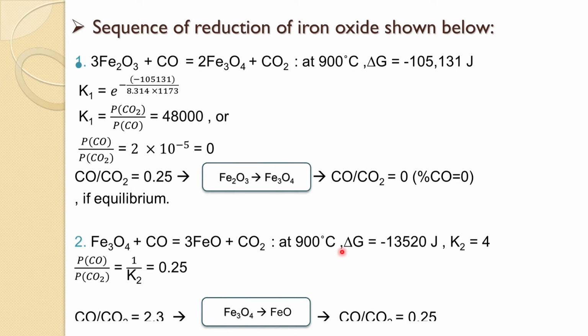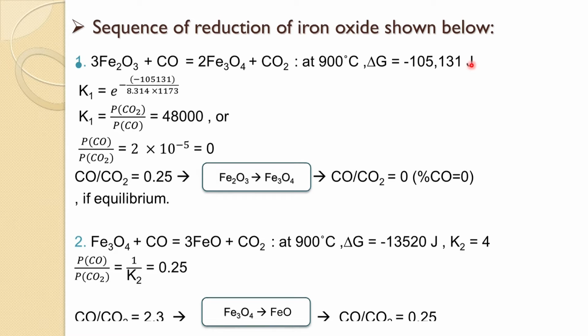Now, the sequence of reduction which occurs, with some calculation, we will show how much utilization of CO can happen. So, from hematite to magnetite at 900 degrees Celsius, your free energy is about 105,131 joule.